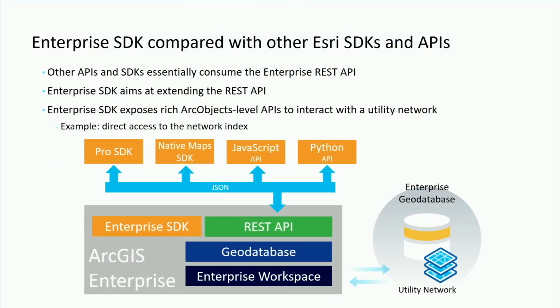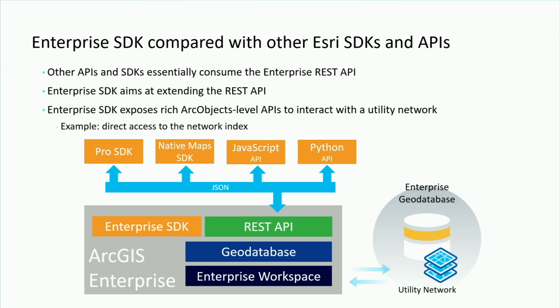Okay, so we have a lot of different SDKs and APIs available to you to hit these REST services exposed through ArcGIS Enterprise. Going across the top, you can use the Pro Managed SDK and do C# development.